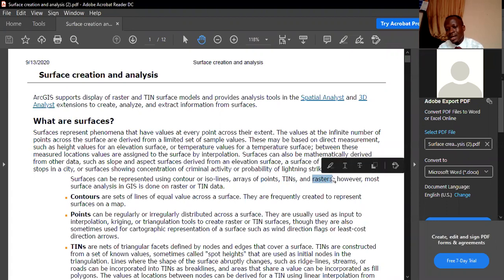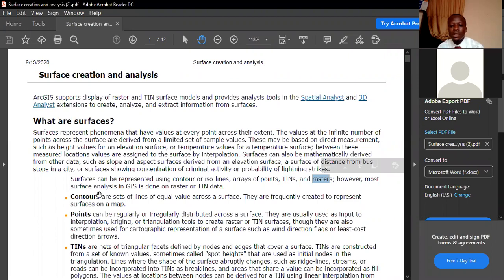The raster model makes use of cells arranged in columns and rows. So these are the different ways: lines, points, TINs (triangulated irregular networks), and rasters. You can use any of these to represent a surface.